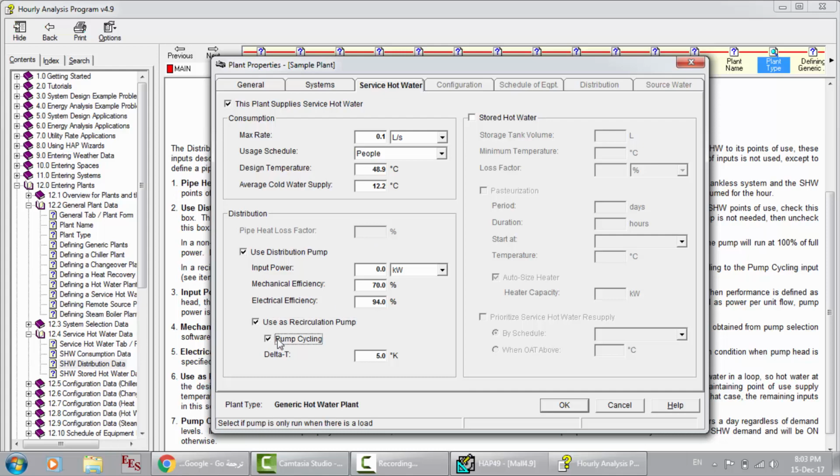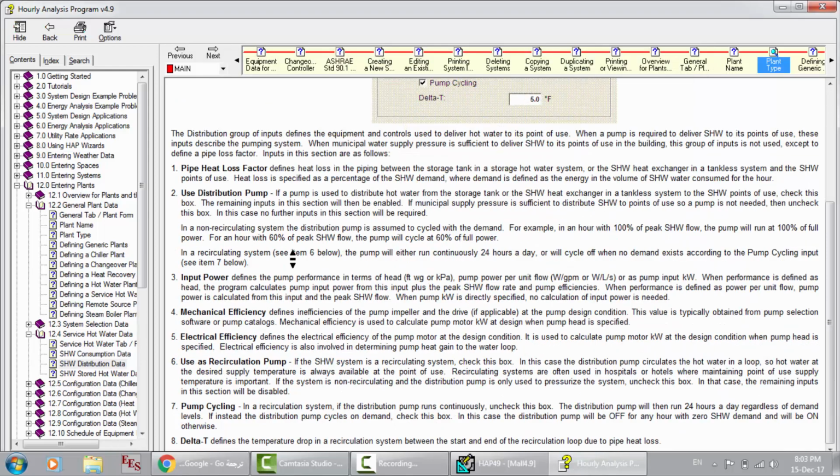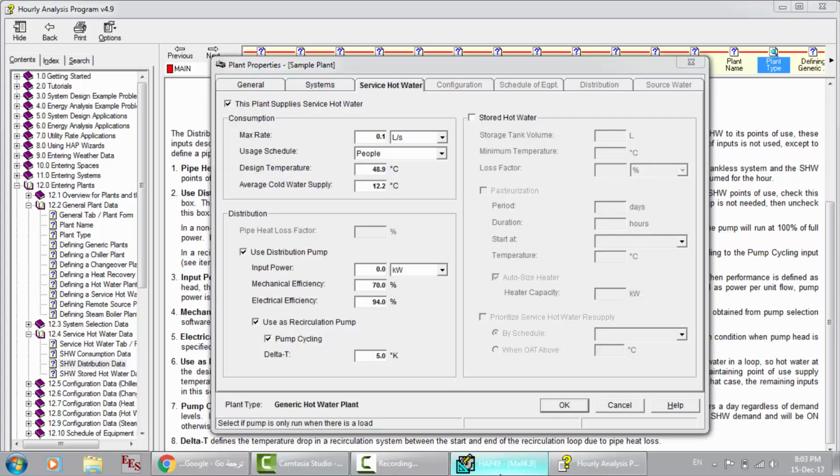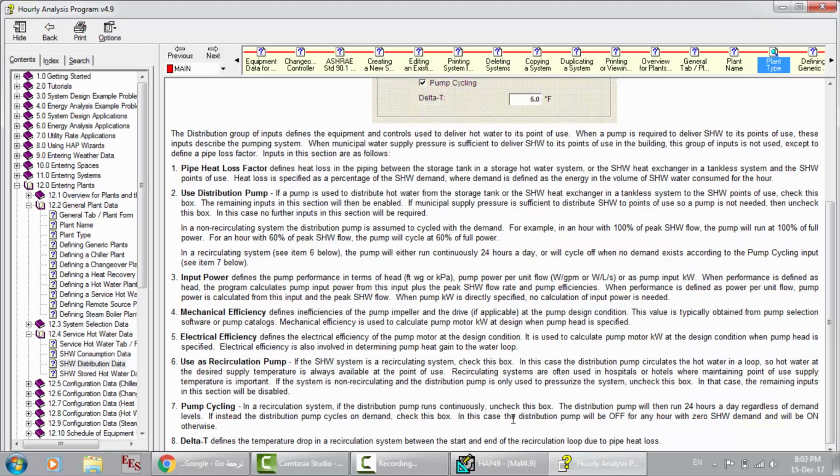Also for pump cycling, in a recirculation system, if the distribution pump runs continuously, uncheck this box. The distribution pump will then run 24 hours a day regardless of demand levels.